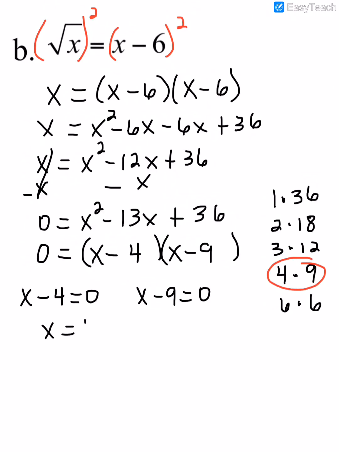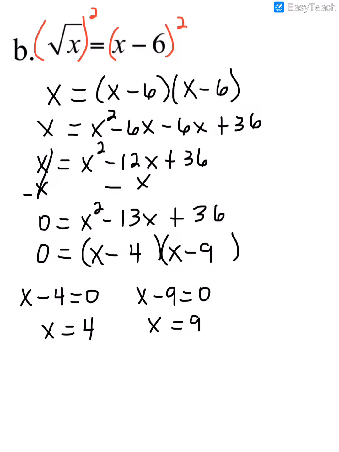Alright, so x equals 4 and x equals 9. Alright, so remember that doesn't mean we're done once we get the solutions. We need to check the solutions and see if we have an extraneous solution.